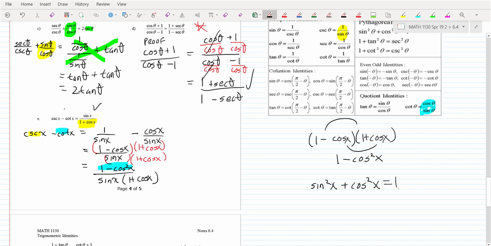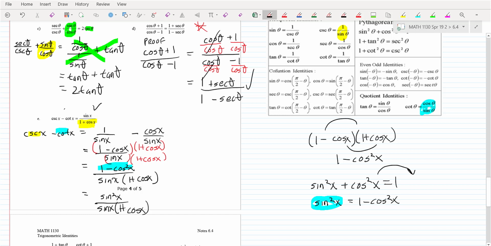You can start doing stuff like this in your head. If I move the cosine squared over, I get sine squared x equals 1 minus cosine squared x. So I'm going to replace 1 minus cosine squared with sine squared. Now it's going to work its way out. So now we're going to have sine squared x all over sine x times 1 plus cosine x.